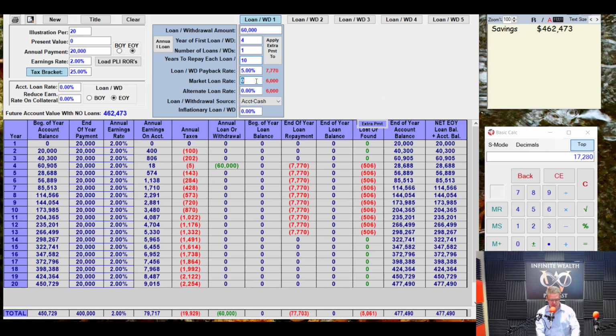Let's see here. Then we are charging ourselves 5%, so we have that extra money, and that is going back into our bank account. So with the payback, we have 477, 490.